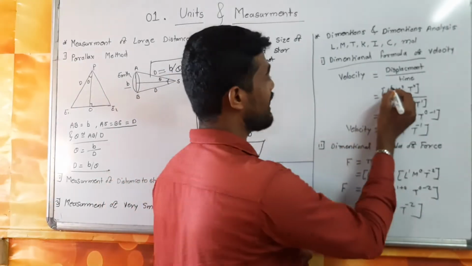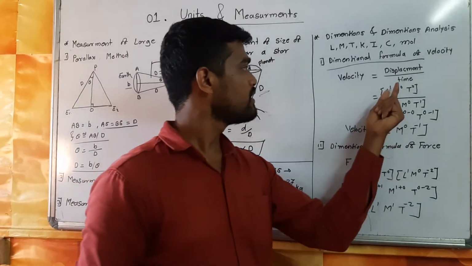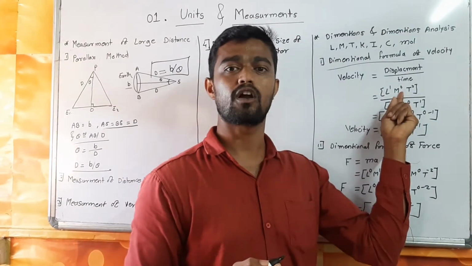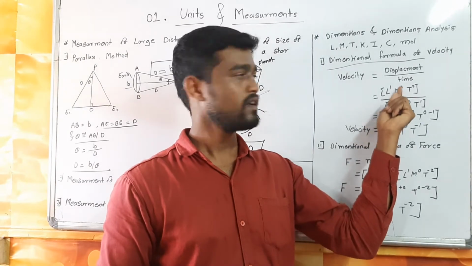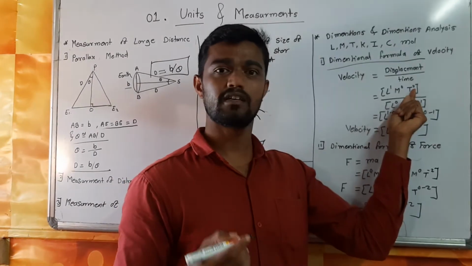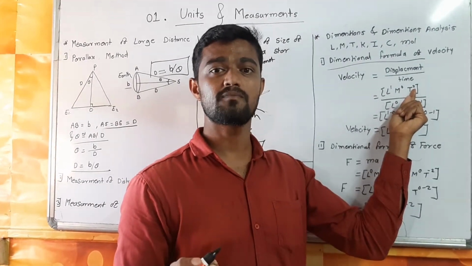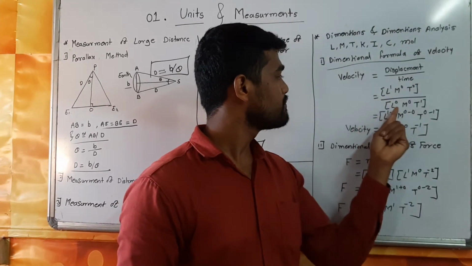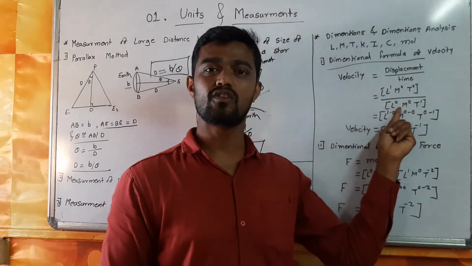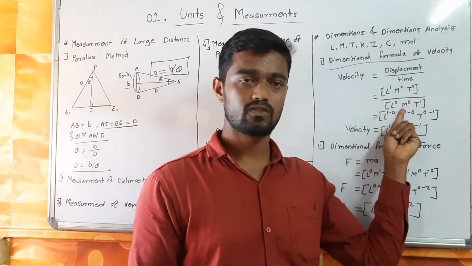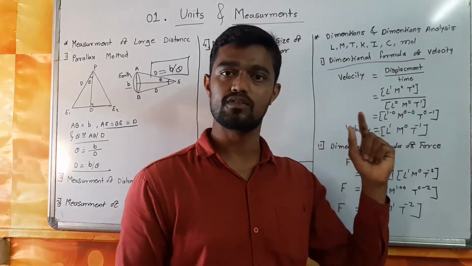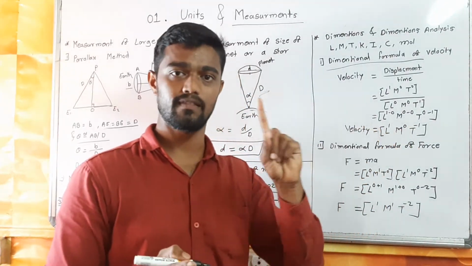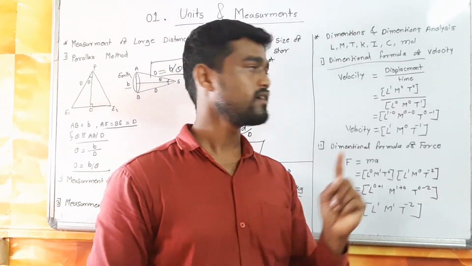Displacement does not depend on mass, so the power of m is 0. Displacement does not depend on time, so t's power is 0. Next, divided by time. Time does not depend on length and mass, so L is 0, m is 0. Time depends on t, and t's power is 1.